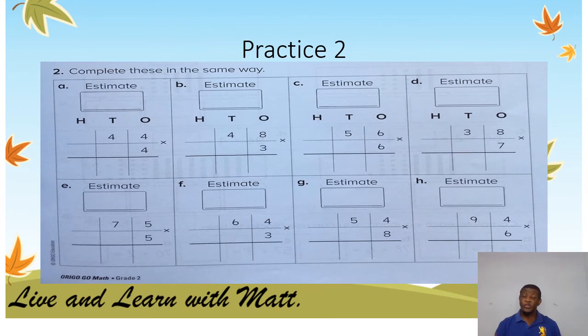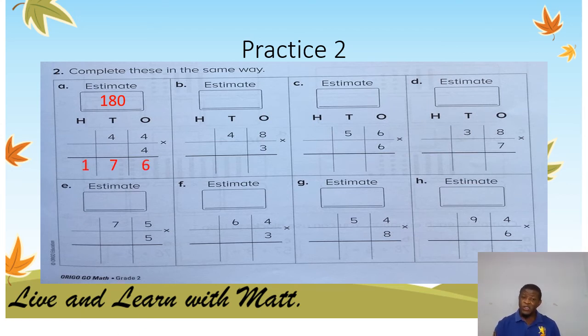Now practice 2. You can pause the video now and do it yourself first, then come back and see teacher's correction. Now let's take a look at them one by one. Part A, estimate will be 180 and the actual will be 176.